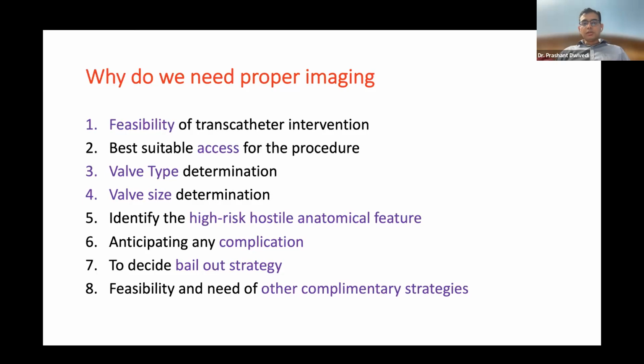We need to understand the best suitable access for the procedure, what type of valve needs to be implanted, and what size of the valve should be implanted. We need to identify the high risk hostile anatomical features, anticipate any complication, and decide any bailout strategy. We also need to assess the feasibility and need of any other complementary strategy that we routinely use during TAVR procedures.